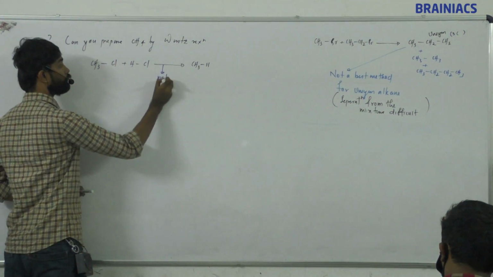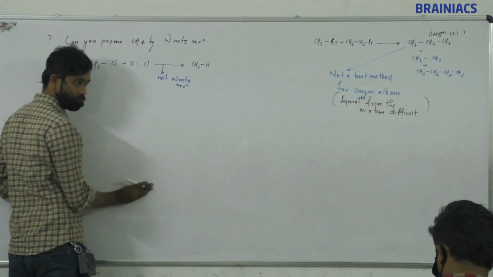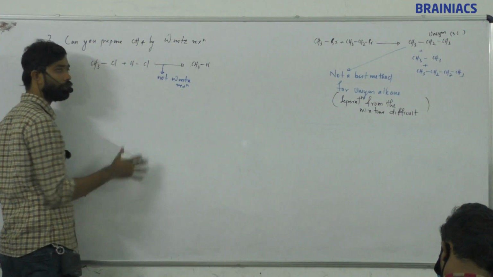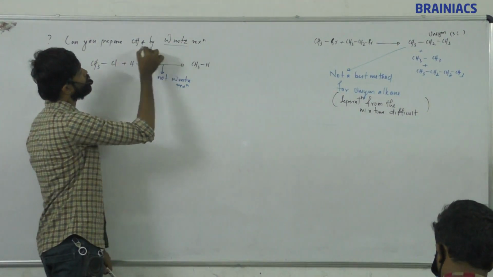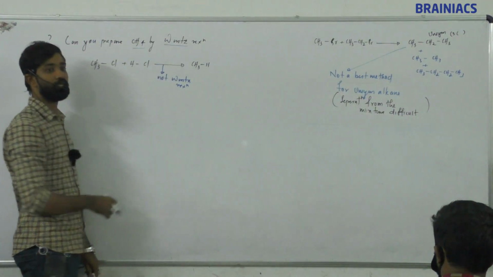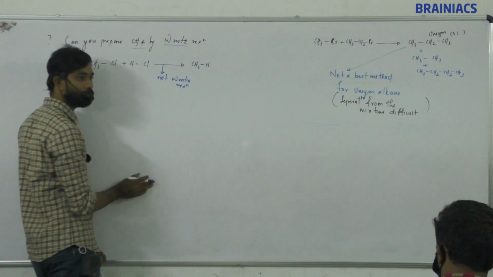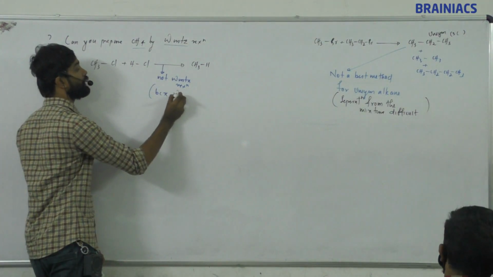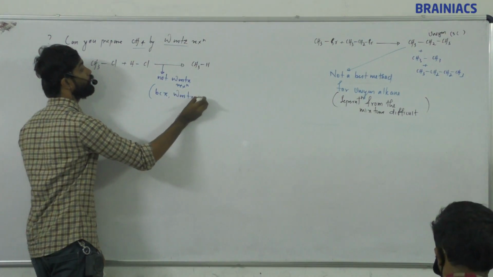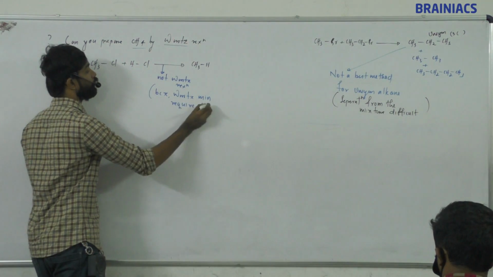This is not what? Wurtz reaction. Okay, this is another reaction, not Wurtz reaction. So, for the preparation of methane by Wurtz reaction, there is no possibility. Ready? This is not Wurtz reaction because Wurtz reaction minimum requires one carbon.